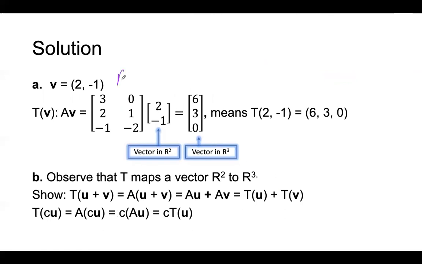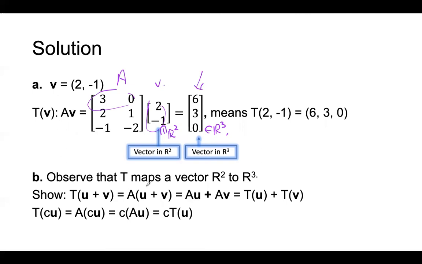So we have A and we have the vector and we multiply them together. I will save you that, and we have (6, 3, 0). We see this vector here is in R2, and the result is in R3. So it took something in R2 to R3 by this multiplication.